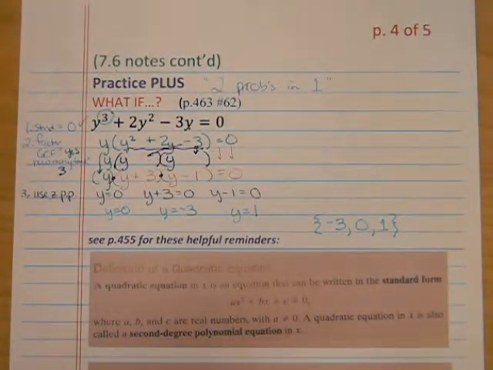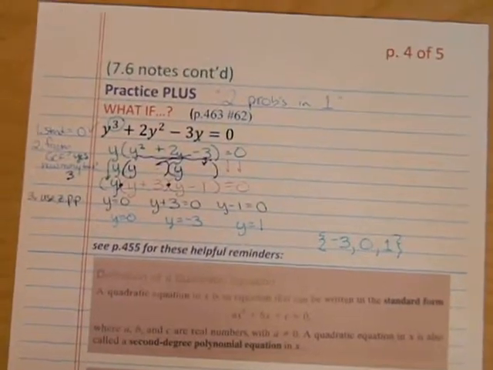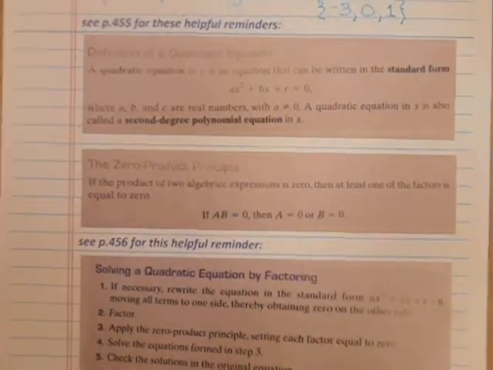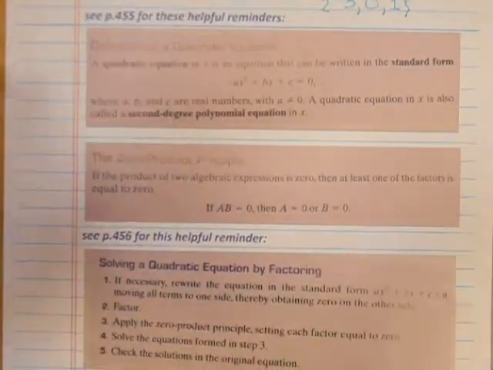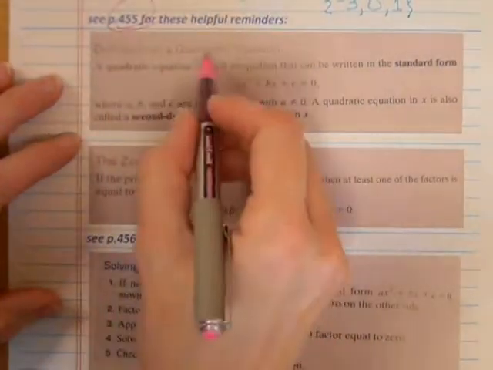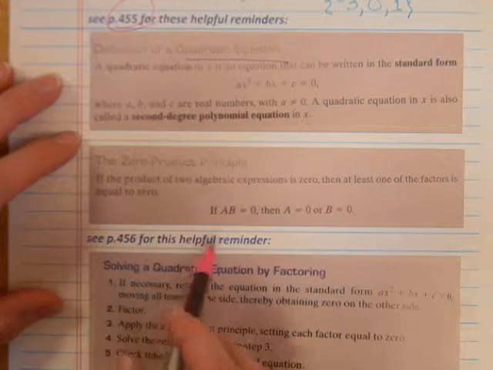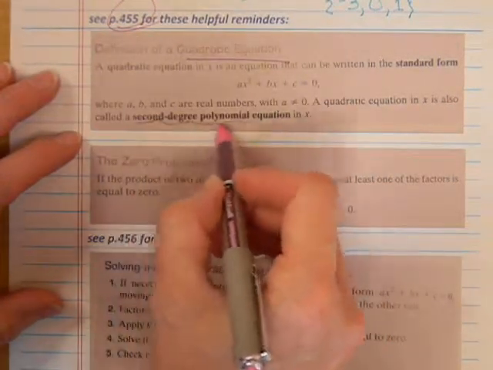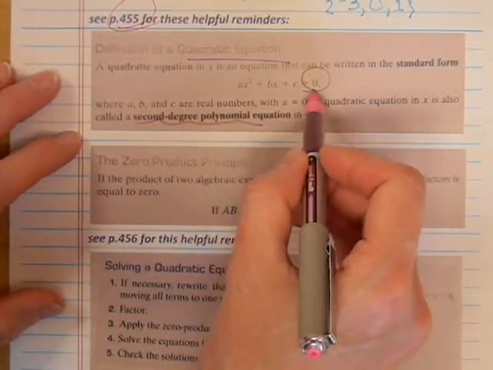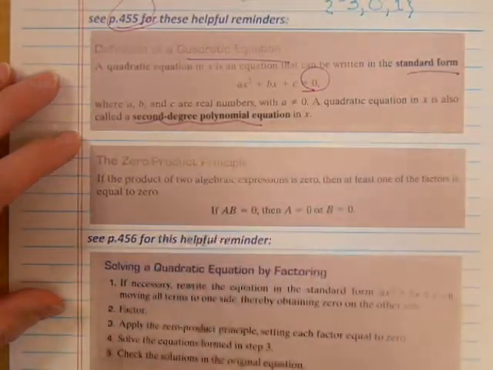And then as we look at the bottom of the page, just got some highlighted reminders that are in this section of the book here. On page 455, they've got the definition of a quadratic equation, and that's that idea that it's a second degree polynomial set equal to 0, or standard form is set equal to 0.